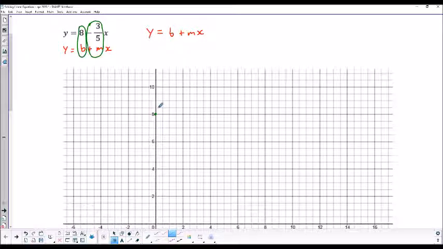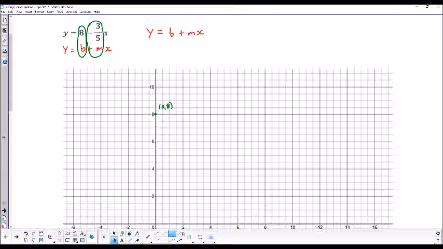That corresponds to the ordered pair (0, 8), because we've gone 0 units in the x direction and 8 up in the y direction to get to this point, starting from the origin. Then from this point, I'm going to count out the slope.